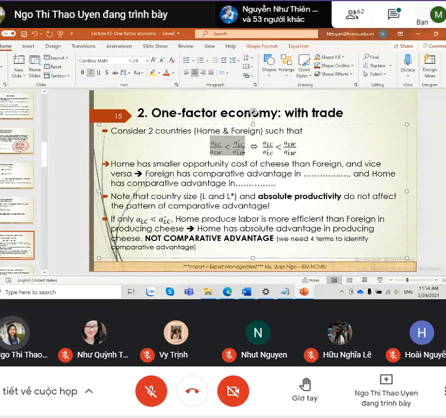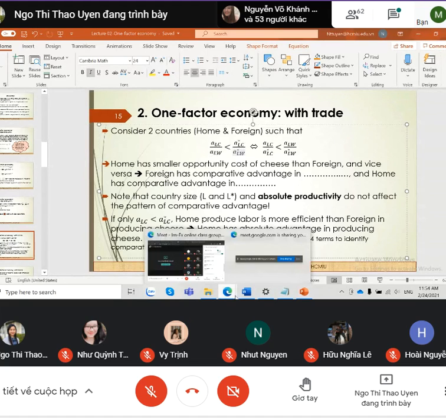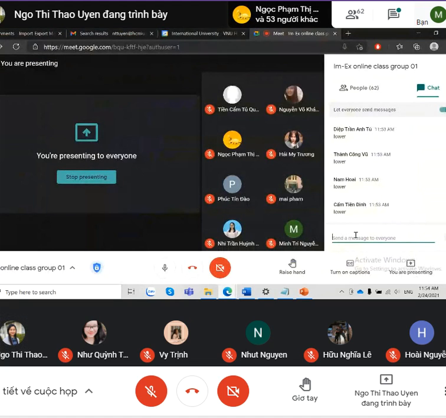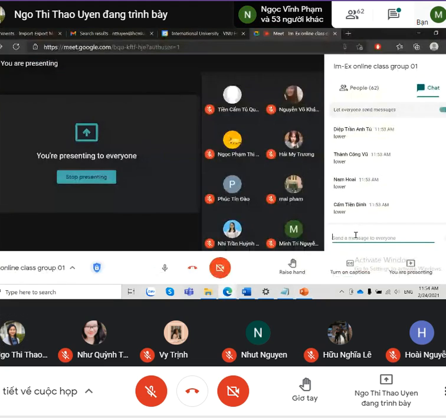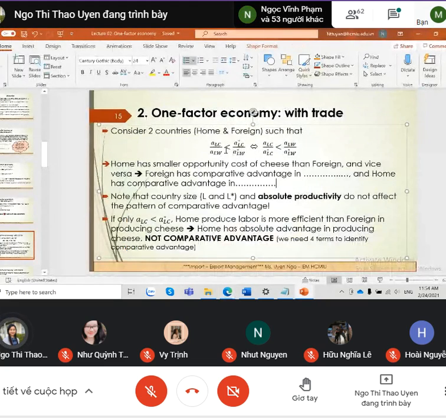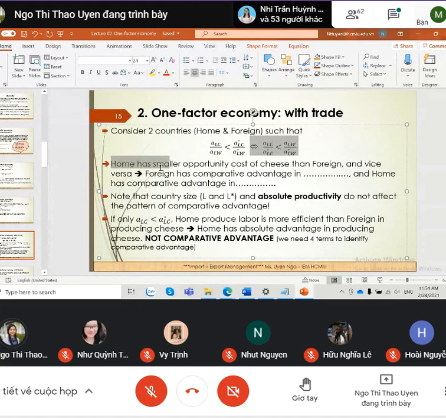Home has smaller opportunity costs. Everyone? Come on, it's super easy. Home has smaller opportunity costs of cheese in terms of wine. It means that foreign has higher opportunity costs of cheese in terms of wine.